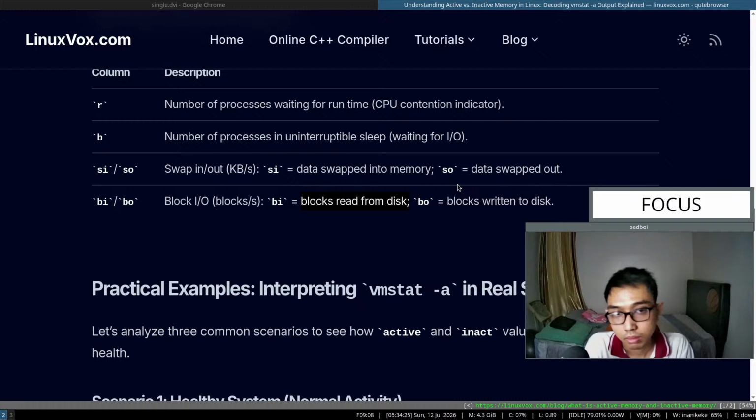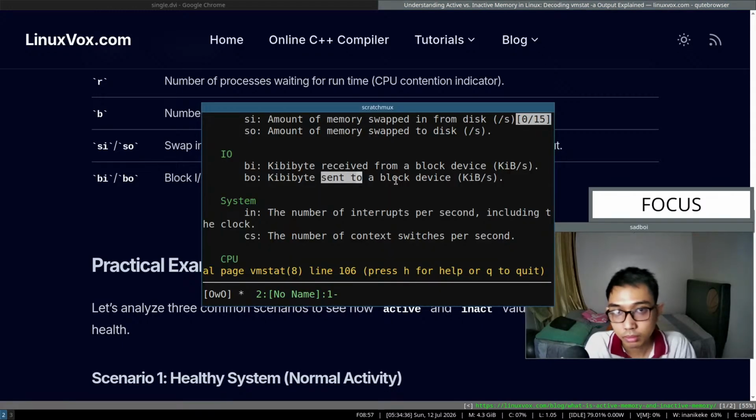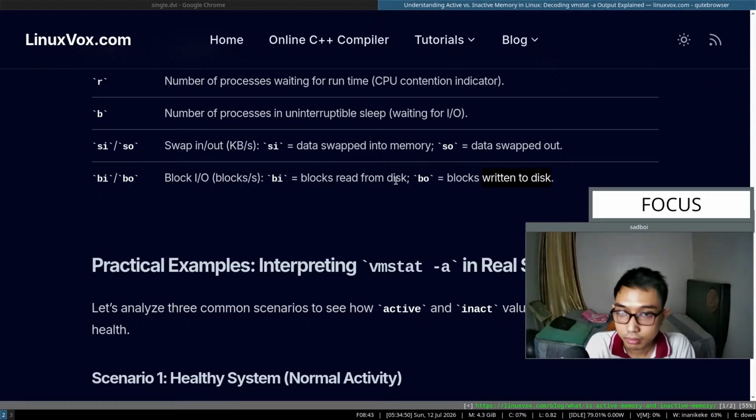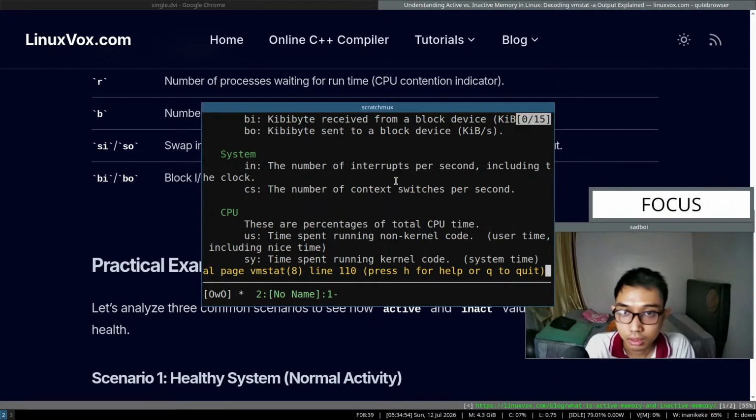Oh, okay, maybe read and written is the right term here. This is read from the block device, and this is written to a block device. Alright, something to keep in mind.